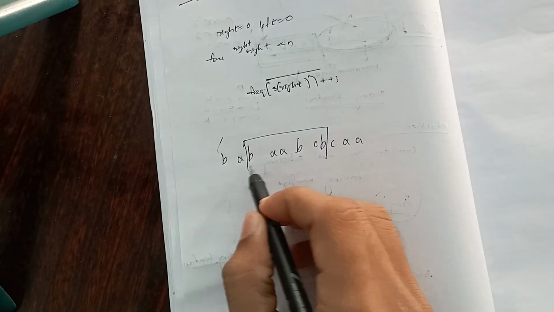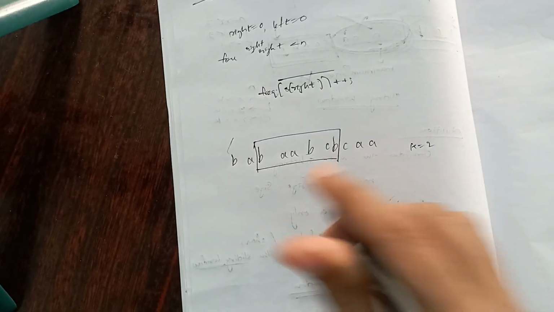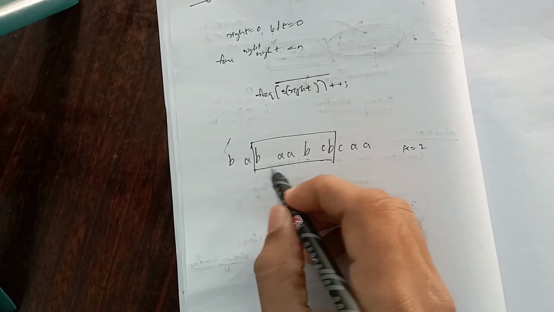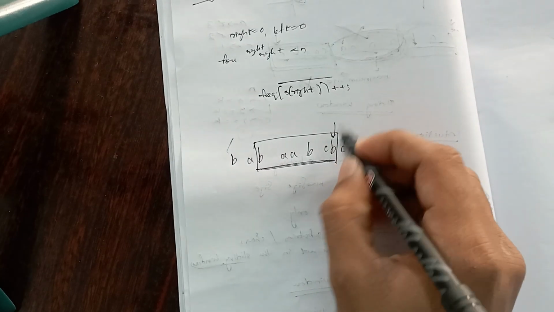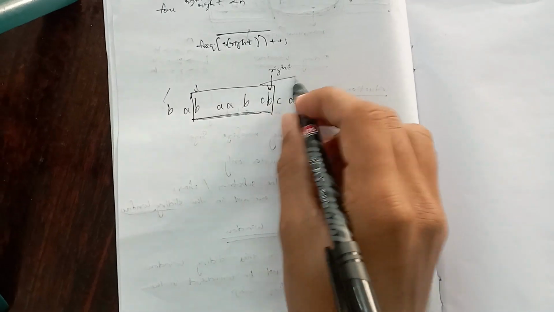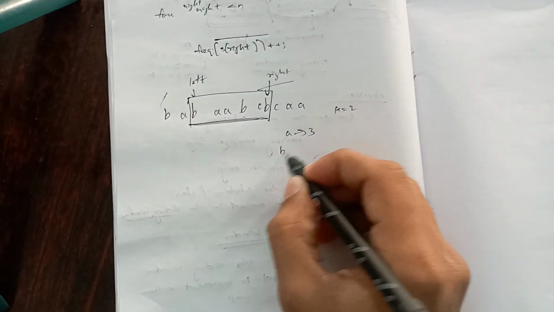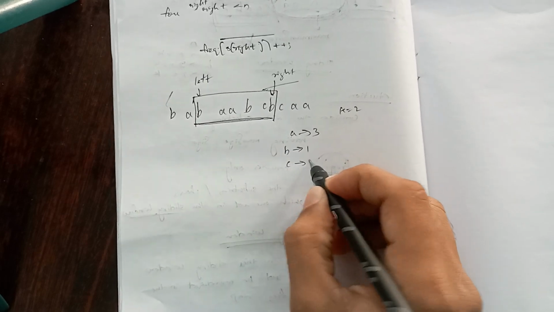So consider this substring. Here k is equal to 2. This is the sliding window. This is the right pointer and this is the left pointer, and we have A for 3 times, B for 1 time, and C for 1 time.